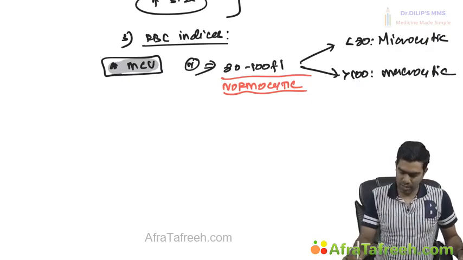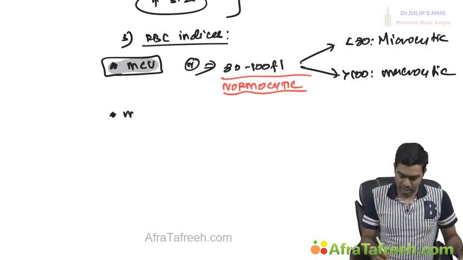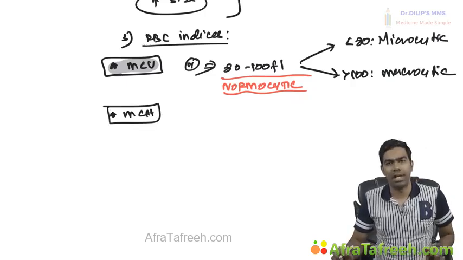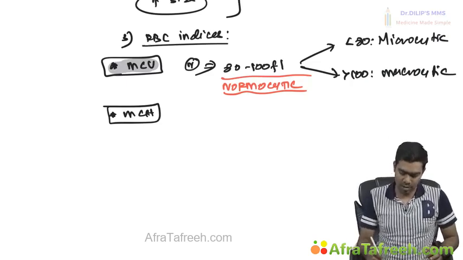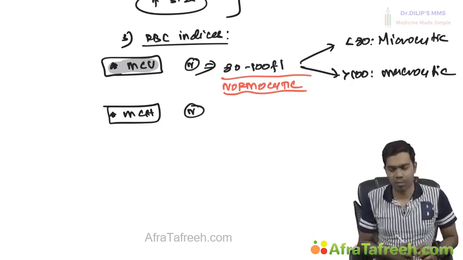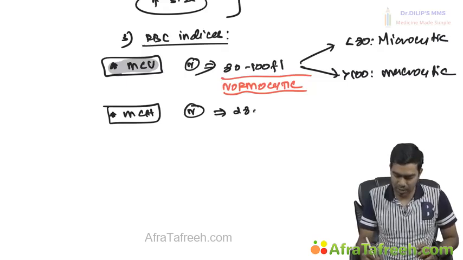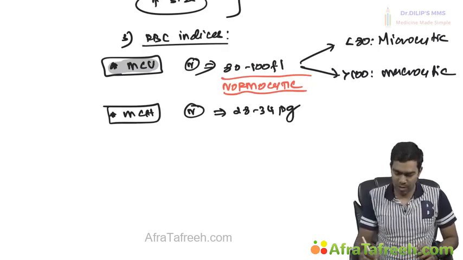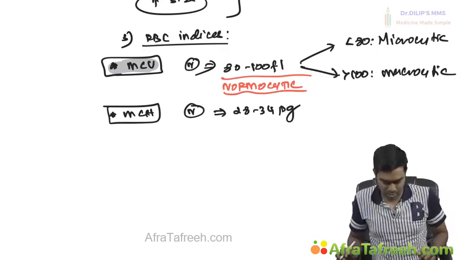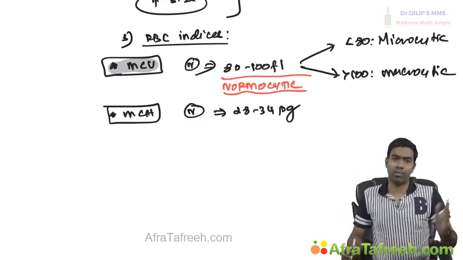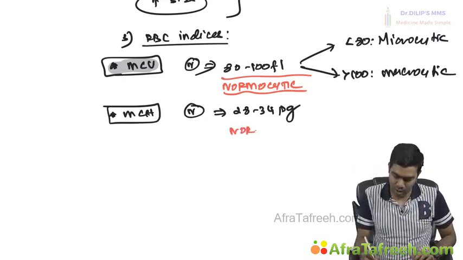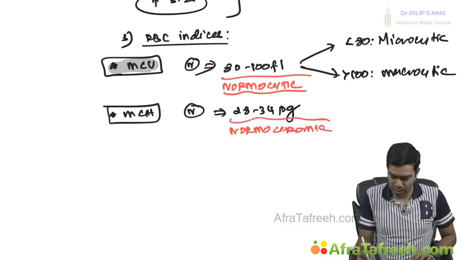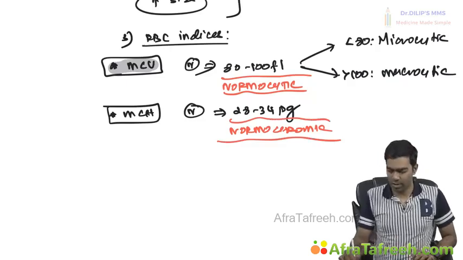Next you are going to see the MCH, which is the mean corpuscular hemoglobin. The normal mean corpuscular hemoglobin is in the range of 28 to 34 picograms. That is very important. This normal MCH of 28 to 34 picograms is what we call a normochromic picture.